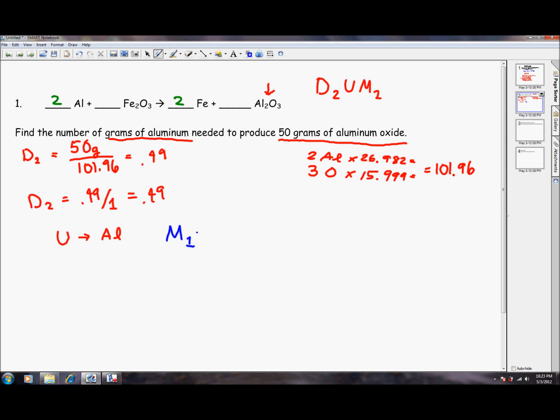Remember, the first multiplication is you take your answer from here, which is 0.49, and you multiply it times, now we're working under aluminum, the number in front of the aluminum, which is a 2. And that's 0.98.